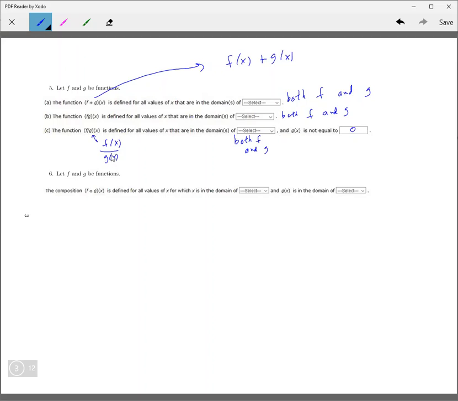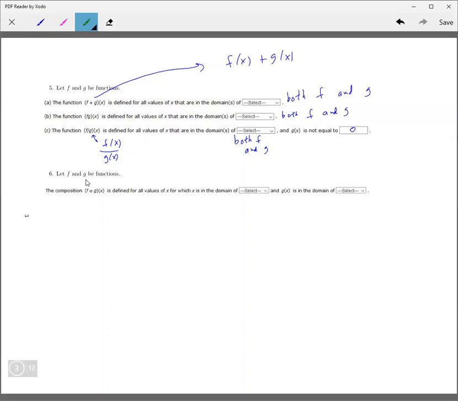If g of x is 0, let's say g of 5 is 0, you plug a 5 in there, then you're dividing by zero. You can't do that. So g of x cannot be 0. Whatever value x you put in, you can't get a 0 for g back.